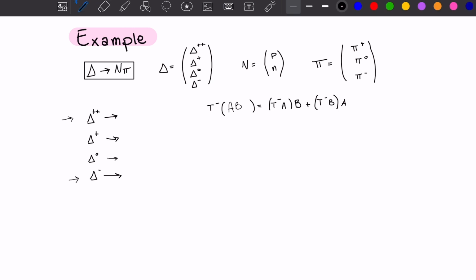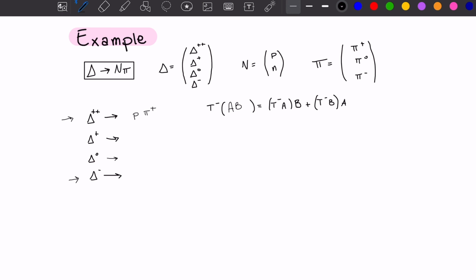So for delta plus plus, we need to conserve charge. The only way that you can get it is if you combine the proton with the pion plus, because the charge of a proton is +1 and the charge of a pion plus is +1 as well.